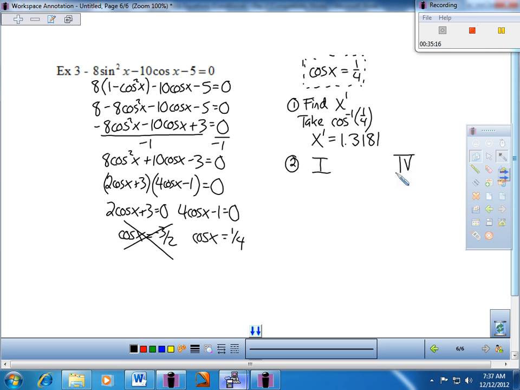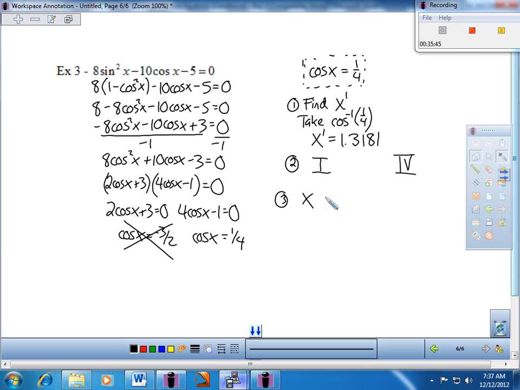Cosine is positive down in quadrant 4. So 1 and 4. Just set those up side by side. Now, everybody, we undo the cosine part to this, but it's not so straightforward as just undoing with an inverse and getting your answer. What we want to do is apply the proper quadrant rules on our reference angle in order to get those answers. Let's see what we end up getting in quadrant 1.